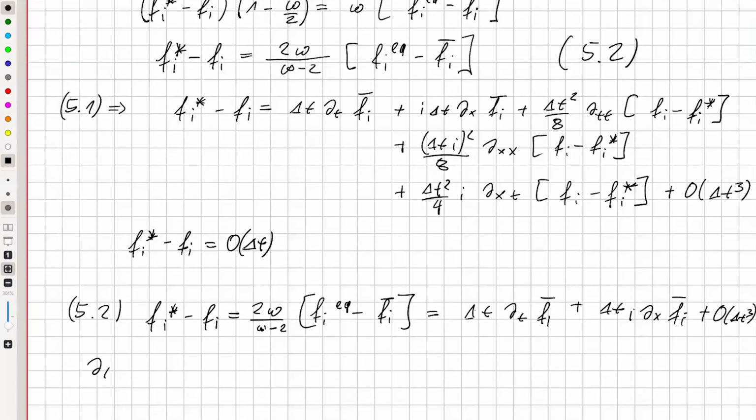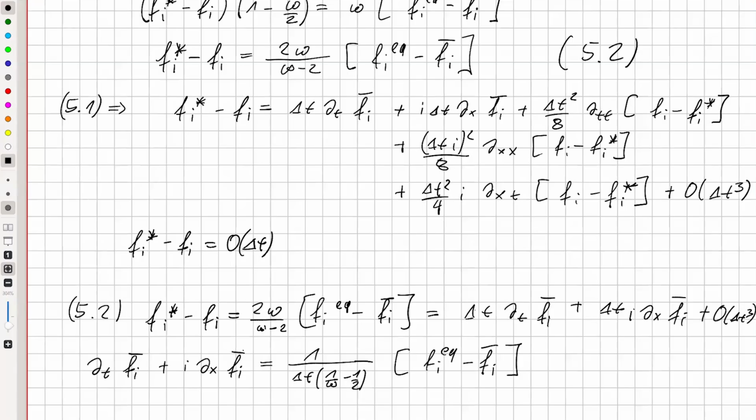So we end up with dt fi over bar plus i dx fi over bar is equal to 1 over delta t times 1 over omega minus 1/2 times fi eq minus fi over bar. And this comes with errors of order delta t cube.